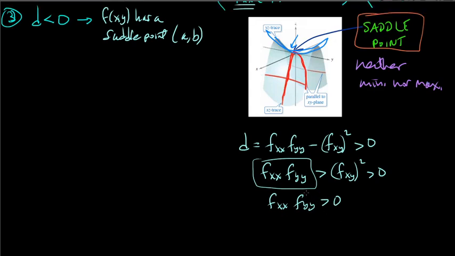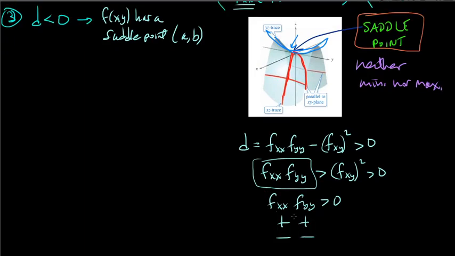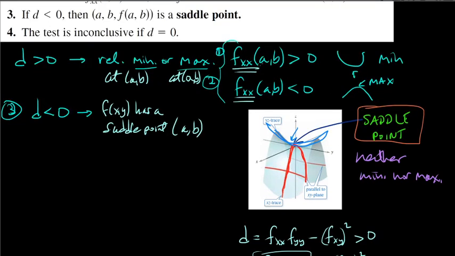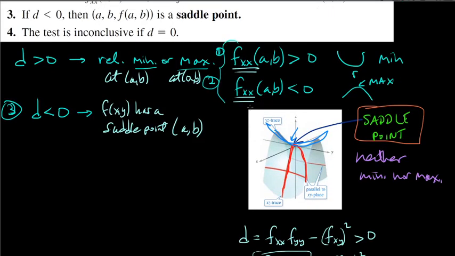That can happen where they're both positive, or they're both negative. That's why you can use either the x second partial or the y second partial. But don't use fxy, because that could be positive or negative, and that will not tell you whether you have a minimum or maximum. In any event, when D is negative, you get a saddle point.